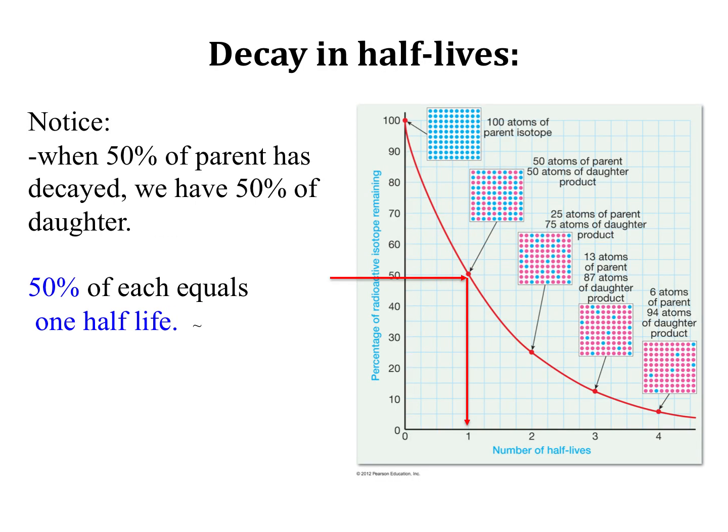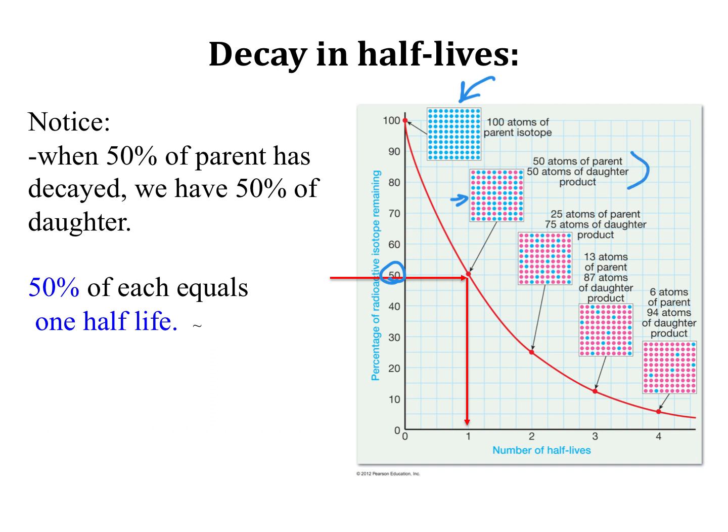So we can see this on this graph. We start out here with a box that has 100 blue dots, and that's 100 atoms of the parent isotope. After 50% of them have decayed, so we get to this box, which occurs when 50% of them have decayed, right? Now we have 50 atoms of parent and 50 atoms of daughter.